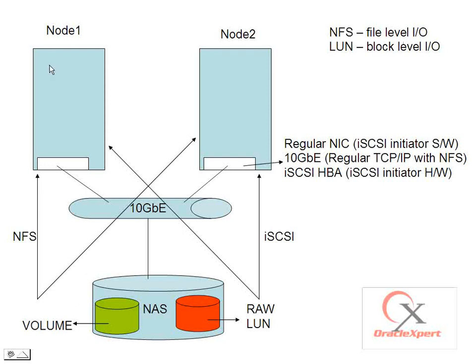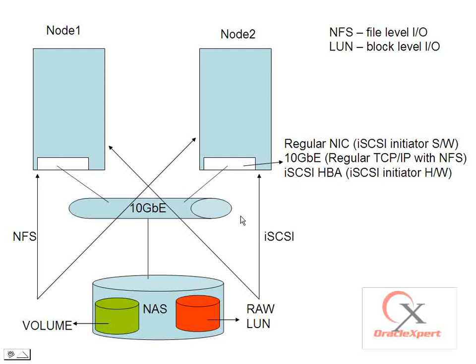So here on the node, the Unix server itself, I have either a regular network interface card, or a 10 gigabit Ethernet NIC, or an iSCSI HBA. So this rectangle here indicates that on the server you have any of the three items available. Either it's a regular NIC card, or it's a 10 gigabit Ethernet NIC, or it's an iSCSI HBA.